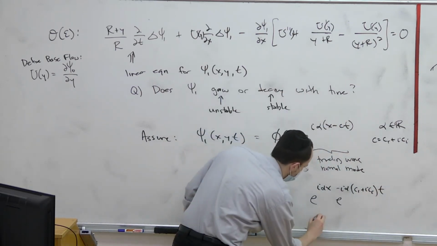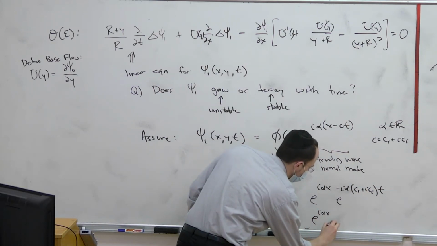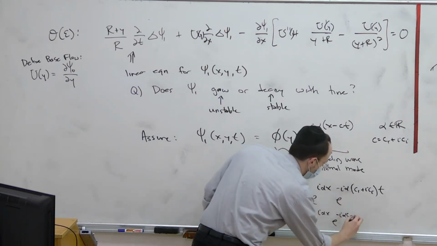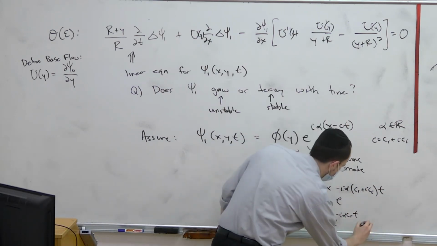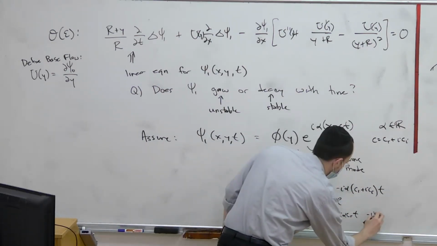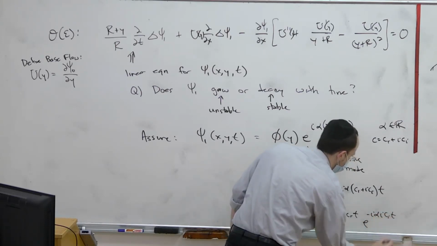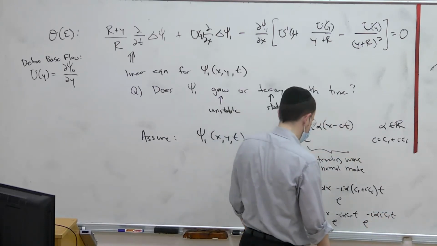So if I rewrite this again: e to the i alpha x, e to the negative i alpha c_r t, then e to the negative i alpha i c_i t.